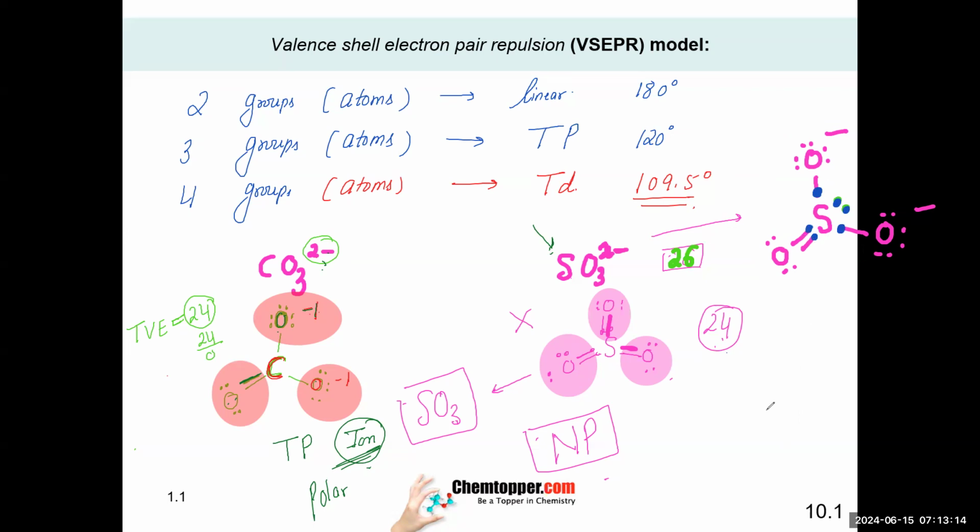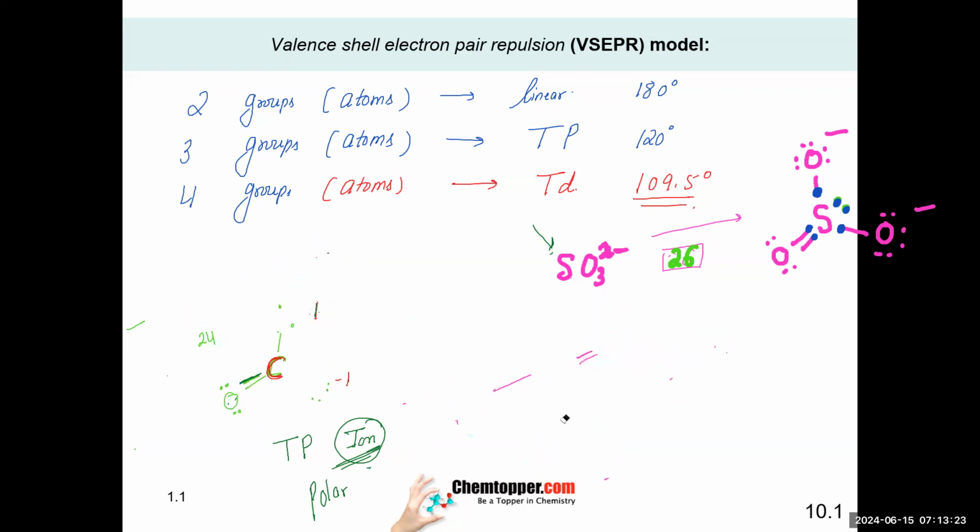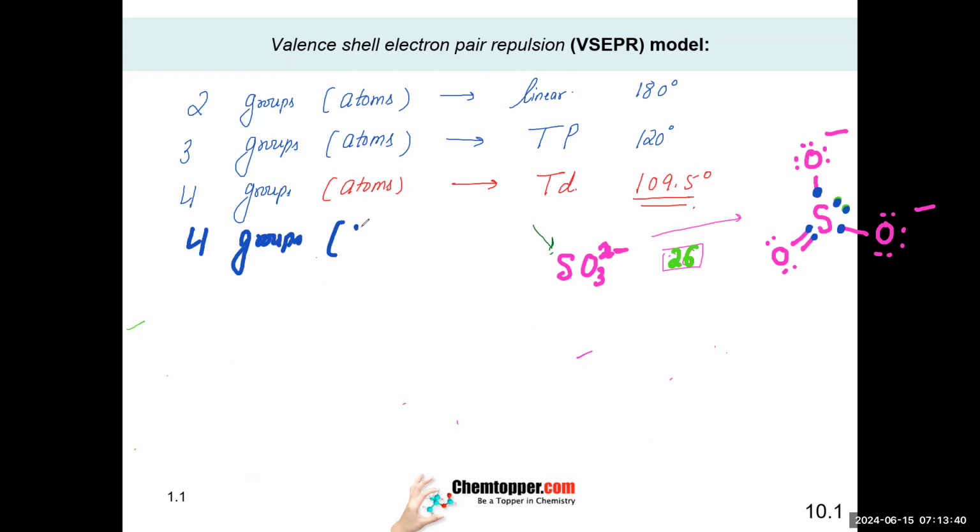Zero formal charge. But how many groups around sulfur? This we have not done yet. When you count groups, you count atoms and lone pairs. So by definition, 4 groups are there: 3 are atoms and 1 is a lone pair. Please write this down.